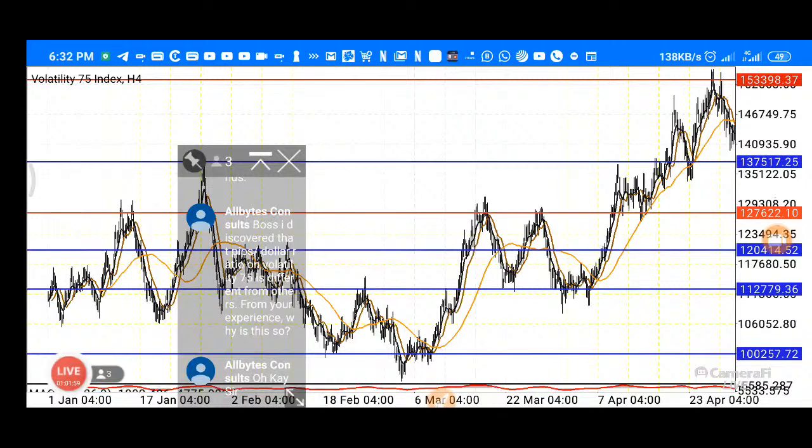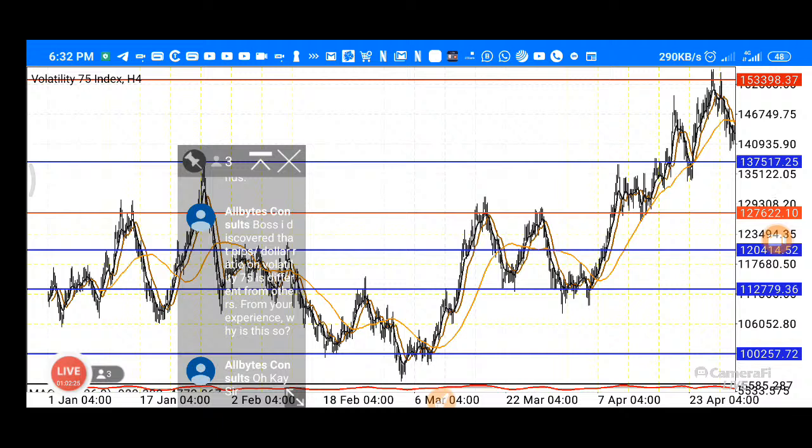Okay, so now I've drawn some levels on this. Let's assume the current market is here. Any trade you are taking according to this H4, even if you are taking it as if you are scalping, know that it is a long-term trade because it is a higher time frame.